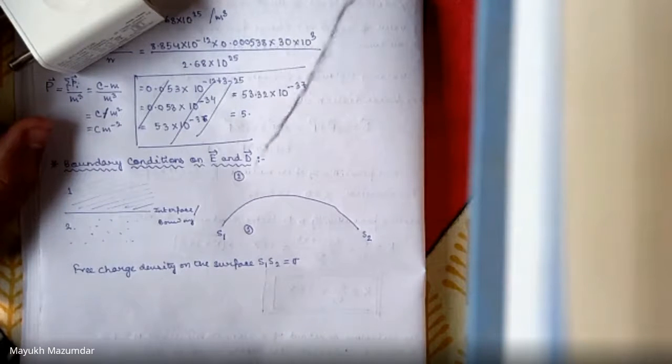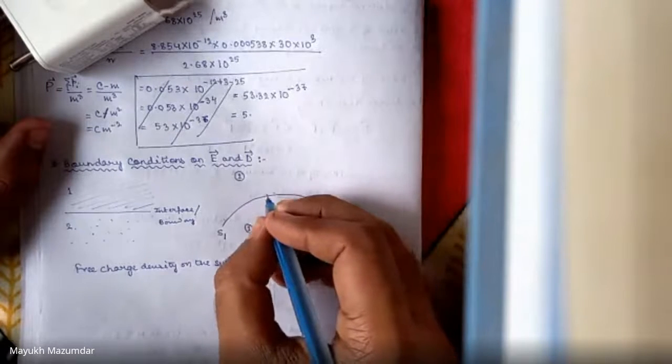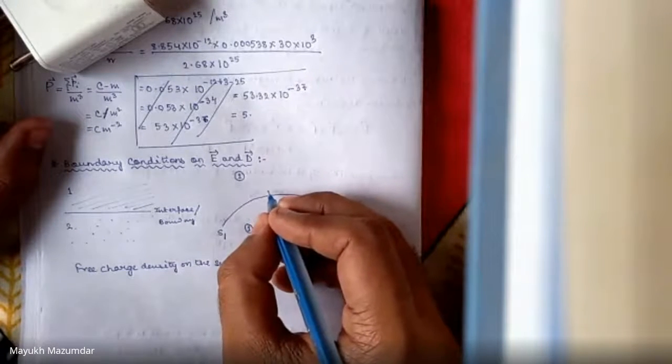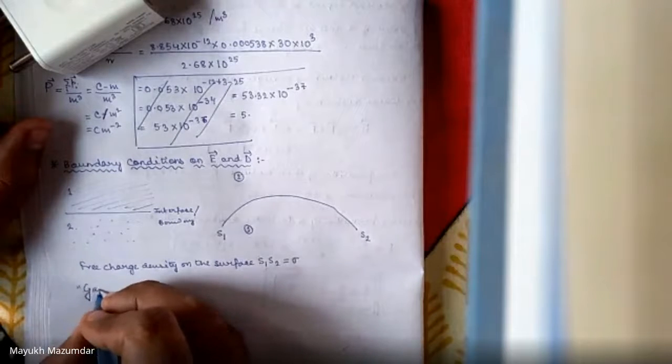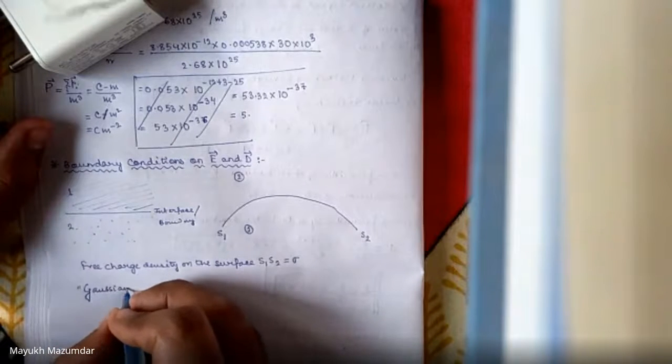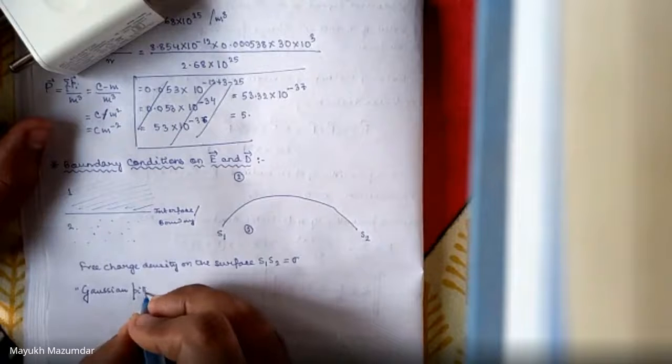So what we'll do, we'll have to apply Gauss's law here. We know that we can draw Gauss surfaces, so we'll draw a Gaussian pillbox. What is a Gaussian pillbox?